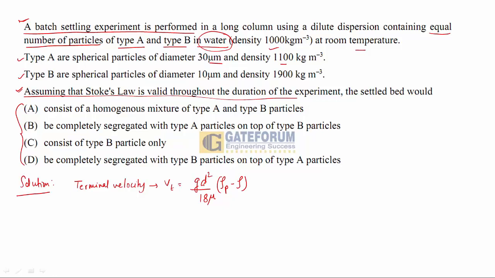This g is acceleration due to gravity, d is the diameter of the particle, mu is the viscosity of the fluid, rho p is the density of the particle, and rho is the density of the fluid.